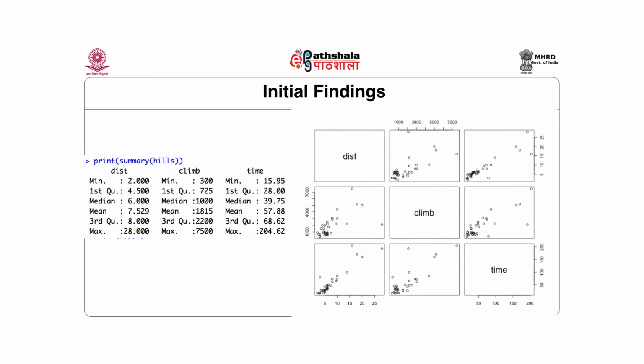You get to see the minimum, the 5-number summary for the distance, climb, and the time. Note that all the 3 variables are continuous variables. And you can see that there is some sort of a relationship between distance and time, and time and distance. Time and distance could be linear, but you know what?